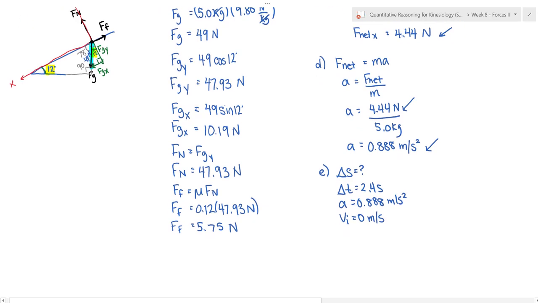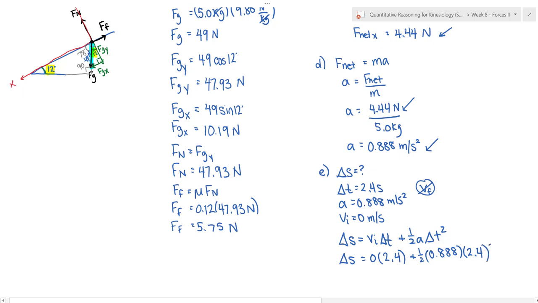Okay, so we're going to use a kinematic equation that doesn't have V final in it because there's no V final listed here. So it's going to be the first equation, delta S equals V initial delta T plus 1/2 A delta T squared. Delta S is what we're looking for. So I'm going to just sub in all the values that I know. 0 times 2.4 plus 1/2 A, which is 0.888, and then delta T, which is 2.4 squared.